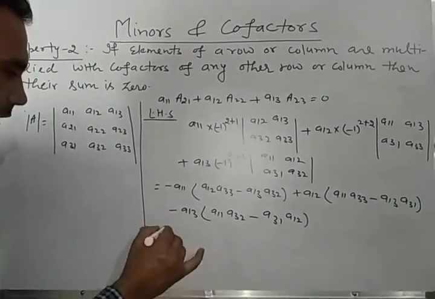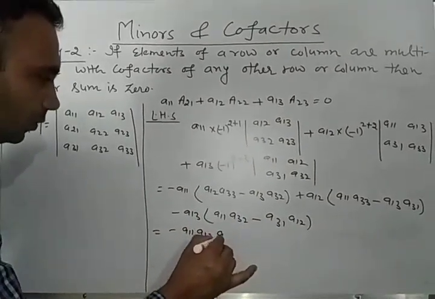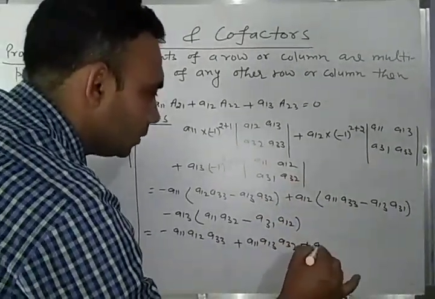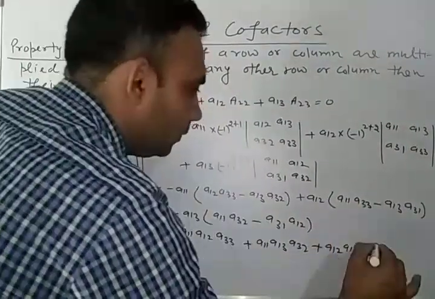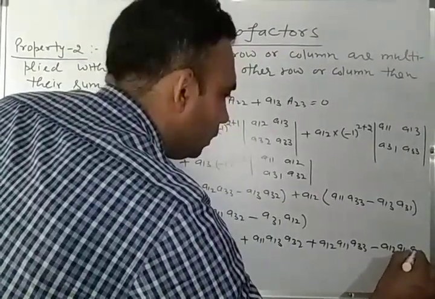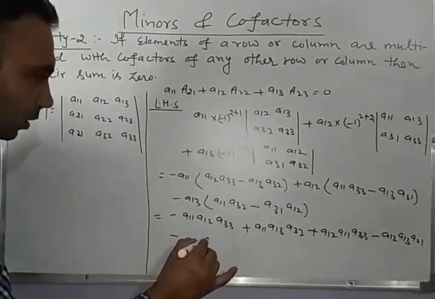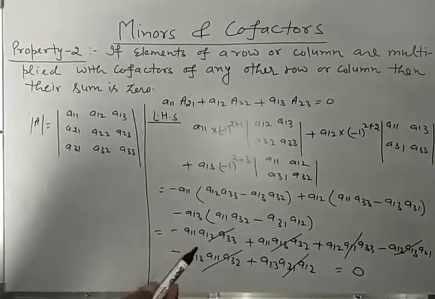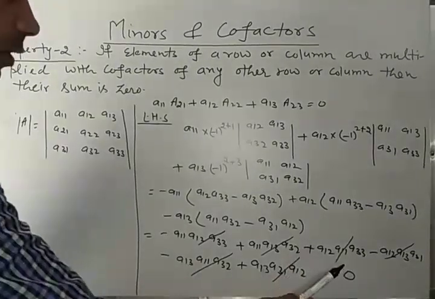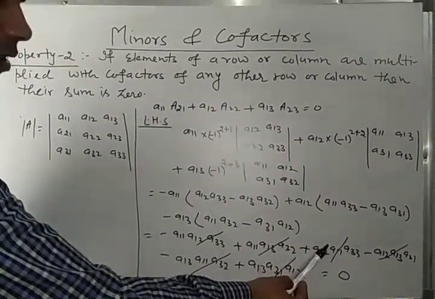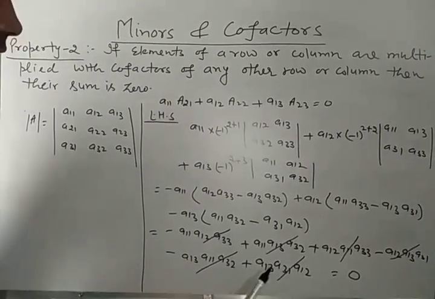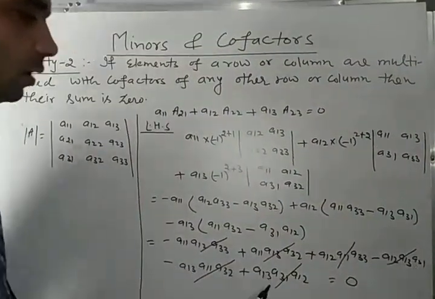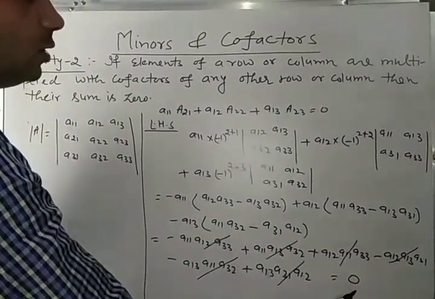Multiplying out: minus A11 A12 A33 plus A11 A13 A32 plus A12 A11 A33 minus A12 A13 A31 minus A13 A11 A32 plus A13 A31 A12. The terms A11 A12 A33 cancel, A11 A13 A32 cancel, and A12 A13 A31 cancel, which is equal to 0.